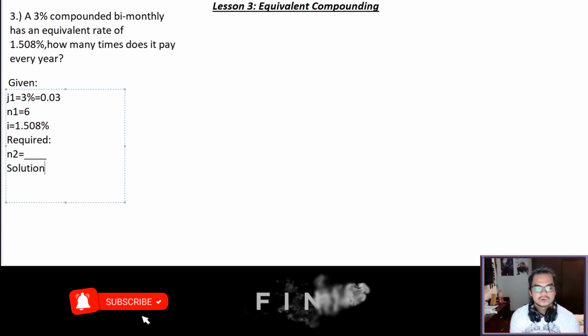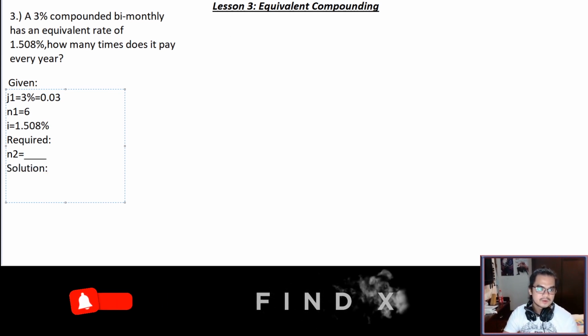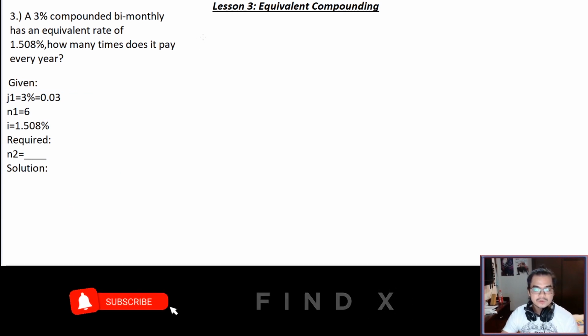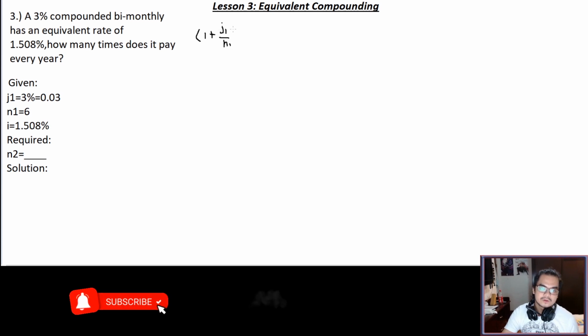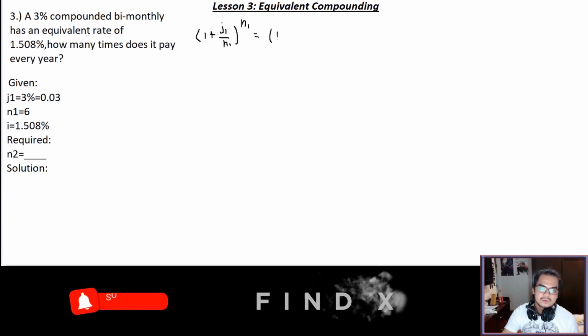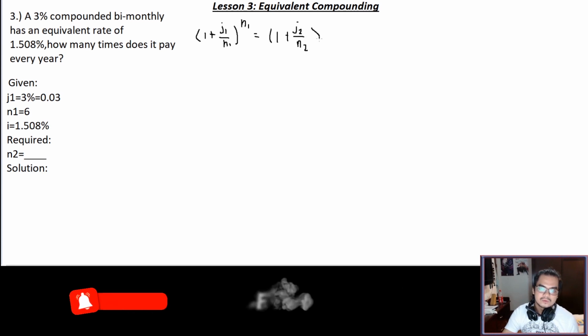So for the solution, again the original formula here is 1 plus j1 over n1 raised to n1 equal to 1 plus j2 over n2 raised to n2, right?